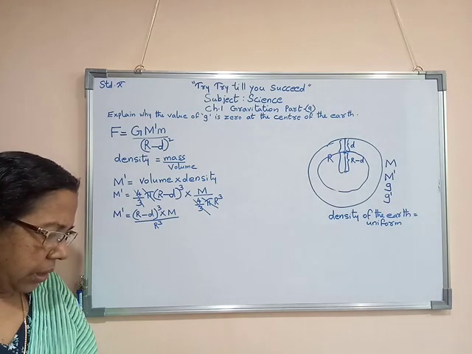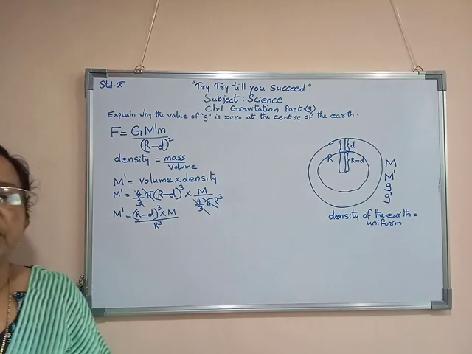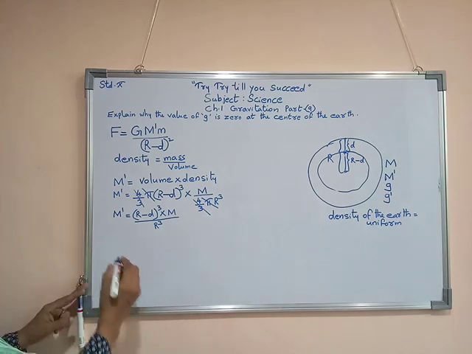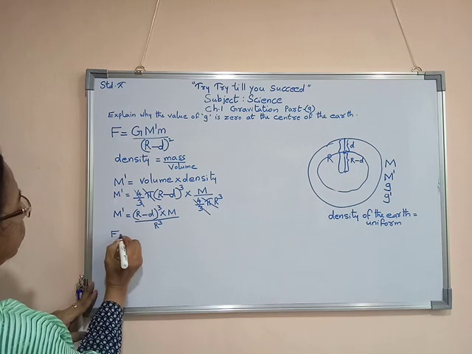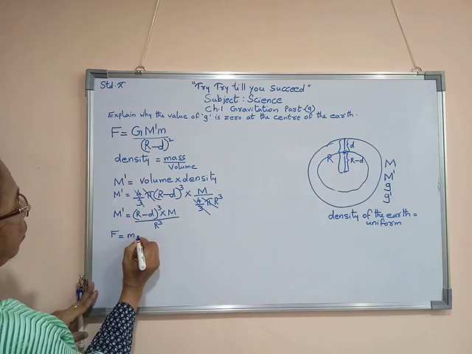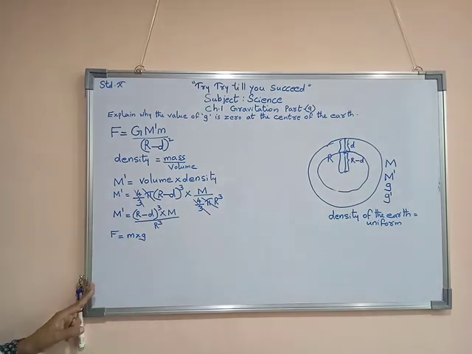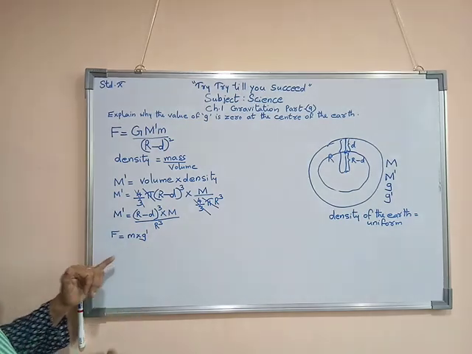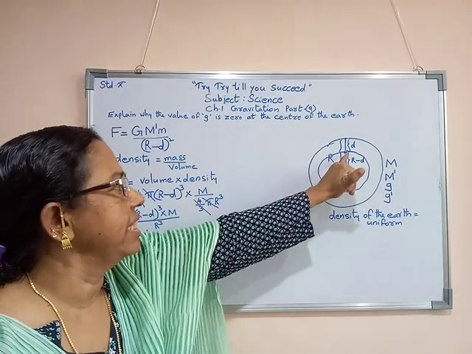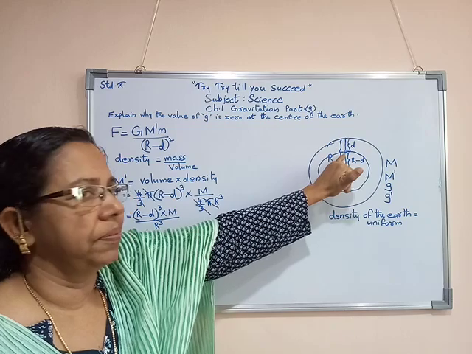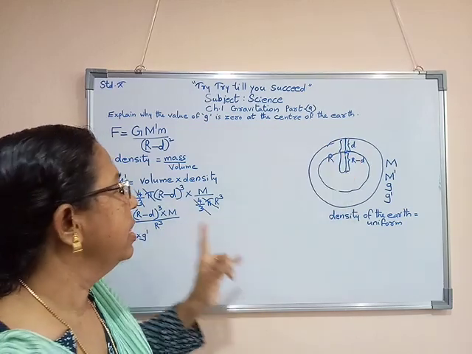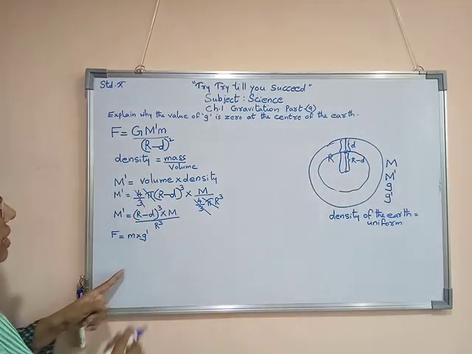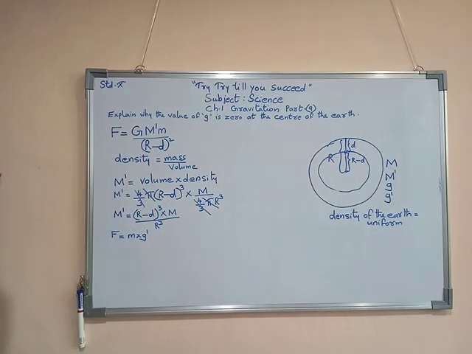Now we have another formula with us. What is that? F is a simple formula you already studied. That formula I am writing. F is equal to m into g. Here g I am showing as the gravitational force exerted on the object which is lying at a depth, deep inside the earth. So the gravitational force exerted on this object, that I denote here as g dash.